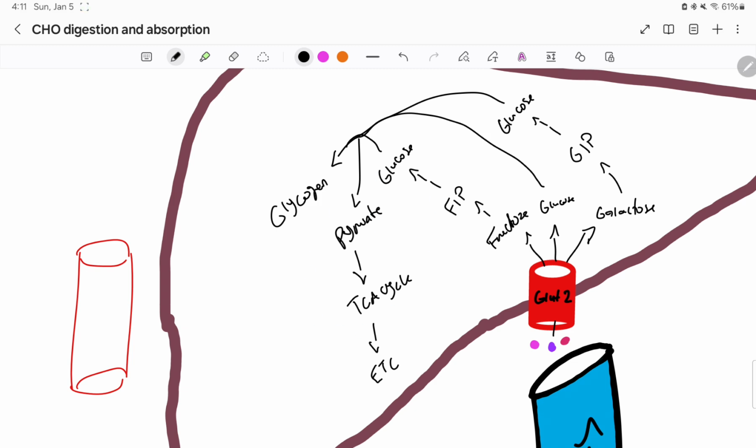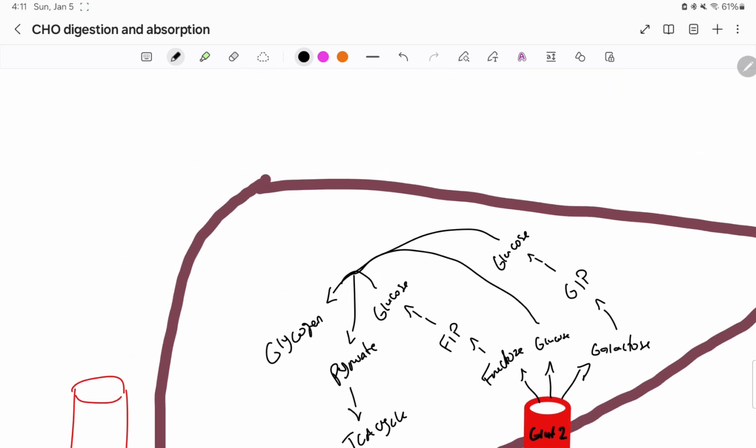The glucose can also be pushed into another pathway called the pentose phosphate pathway, which is basically what we use to make ribose sugars so we can use them for nucleotide synthesis. And that starts with glucose, actually.